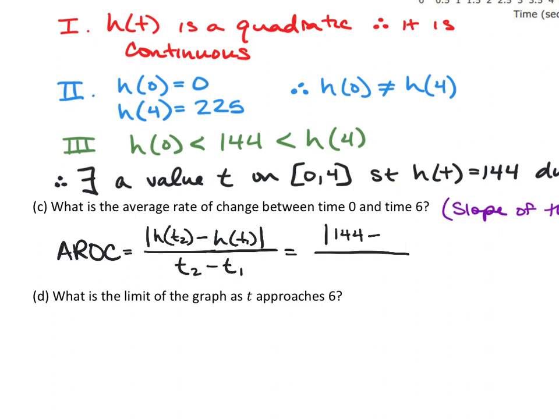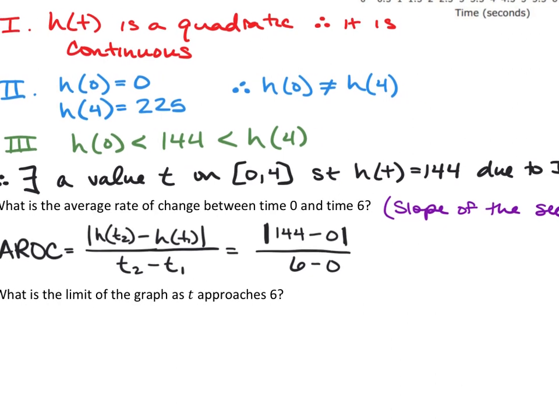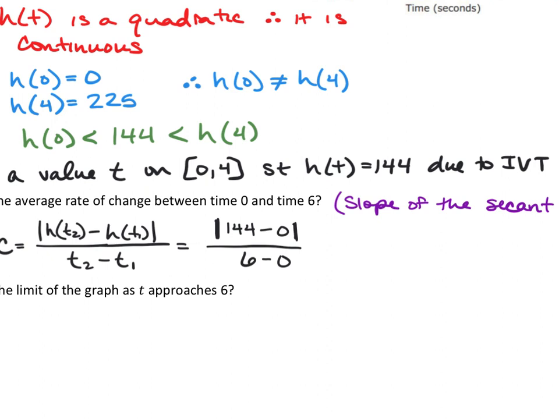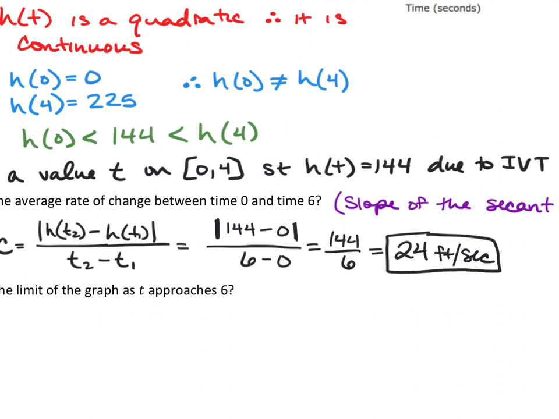What is the height of the graph at time 0? 0. Time 2 was 6. Time 1 was 0. 144 minus 0 is 144, and the absolute value of that is still 144. So this is just 144 divided by 6, which if you do that math real fast, is 24 feet per second. That's the average rate of change or the slope of the secant line between those 2 points if we were to draw a line between 0 and 6.